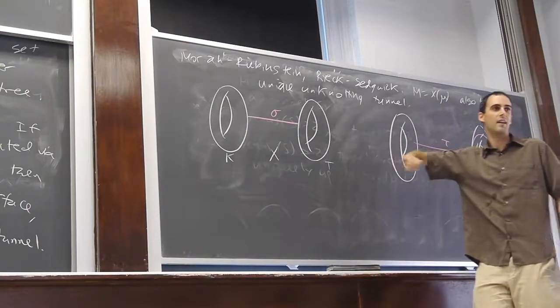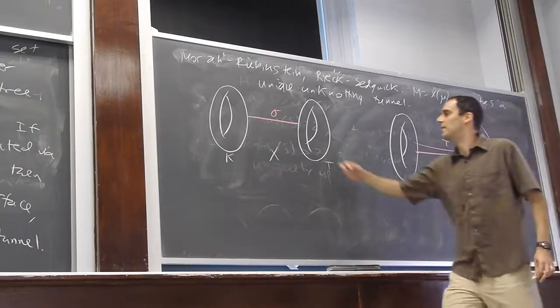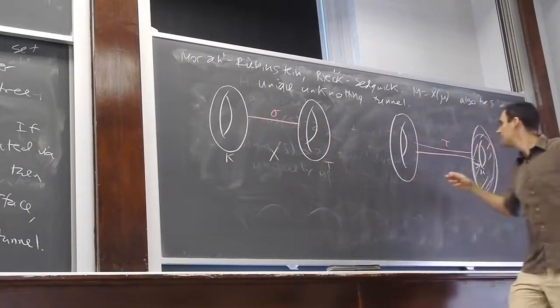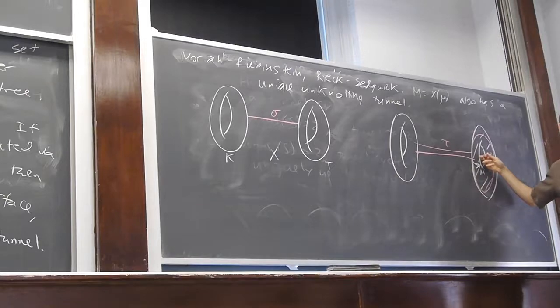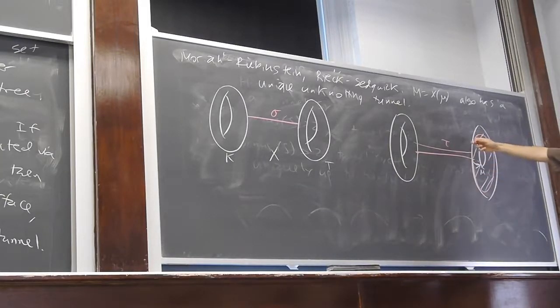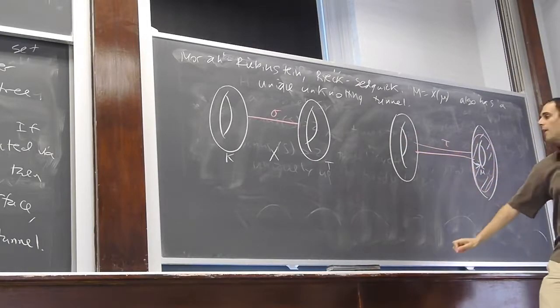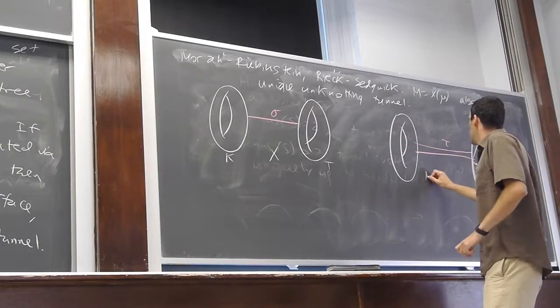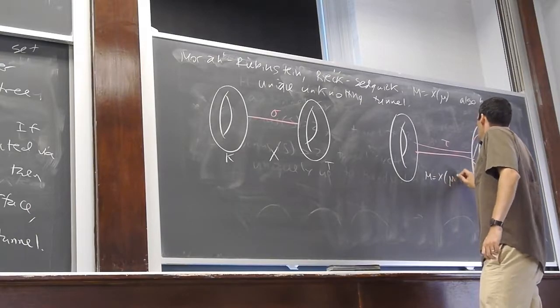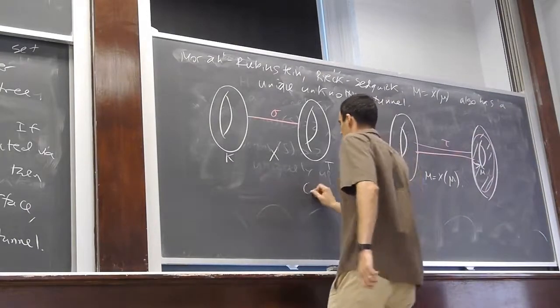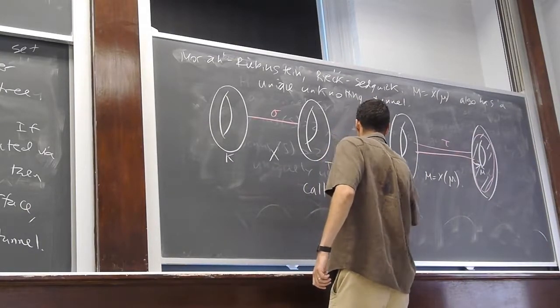So again, easy exercise: work out that if the complement of this is a handlebody, then the complement of this is also a handlebody. You want to first drill out the core, which is a copy of the longitude, and then drill out. So this is M, and the new tunnel is called tau.